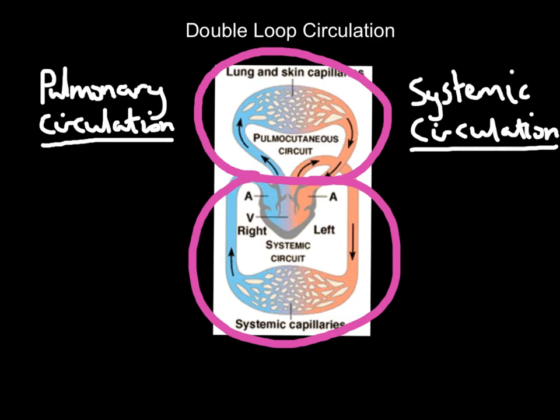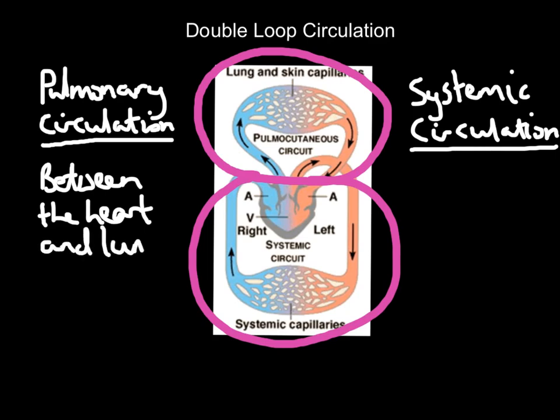Pulmonary, respiratory. What do both those terms mean? They mean the lungs. So what is pulmonary circulation? It's circulation between the heart and lungs. What is systemic circulation?